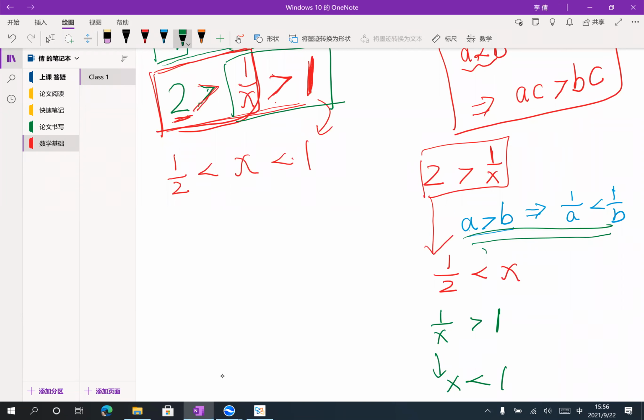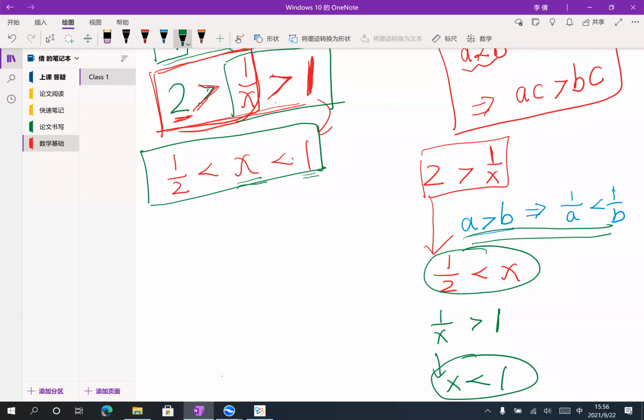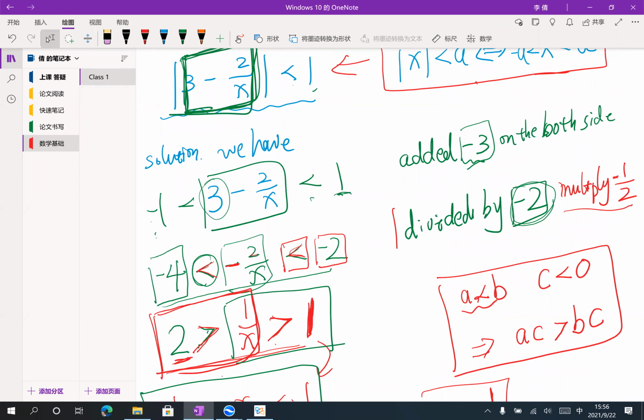And together, we can get x is larger than 1 over 2 and smaller than 1, right? So this is the solution for this inequality.